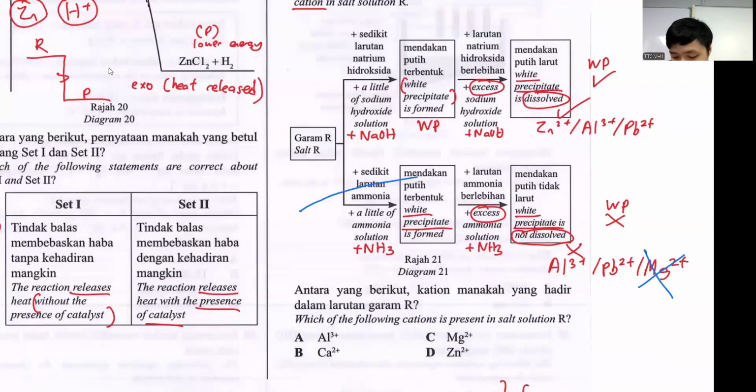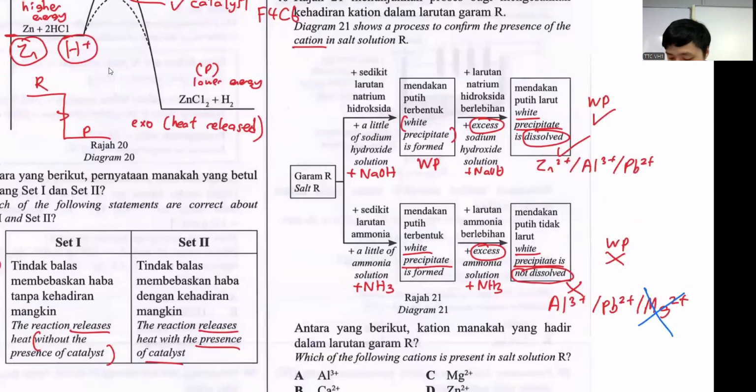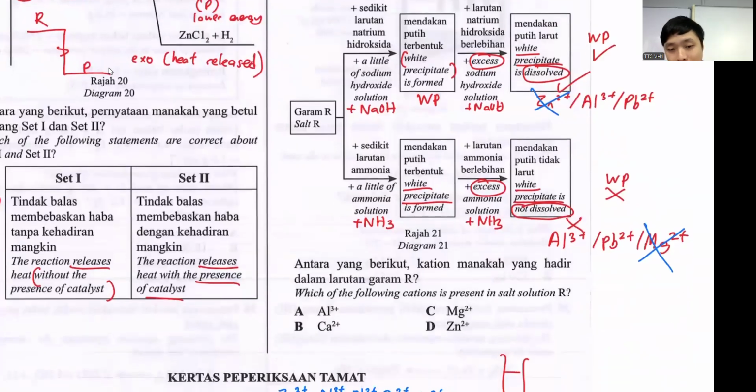In the second test, we prove that zinc ion is not present, so it also cannot be zinc. So it only can be aluminum ion or lead 2 ion, Al3 plus or Pb2 plus. But since the option doesn't have Pb2 plus, the best option is A.